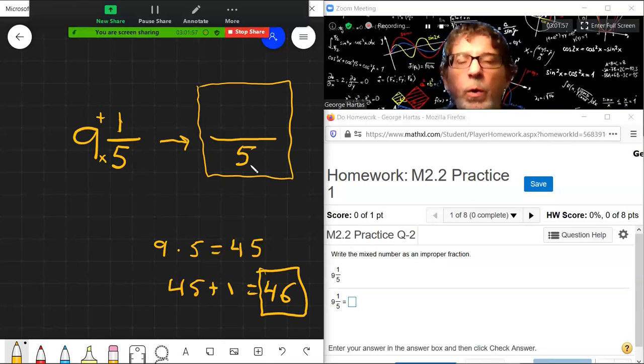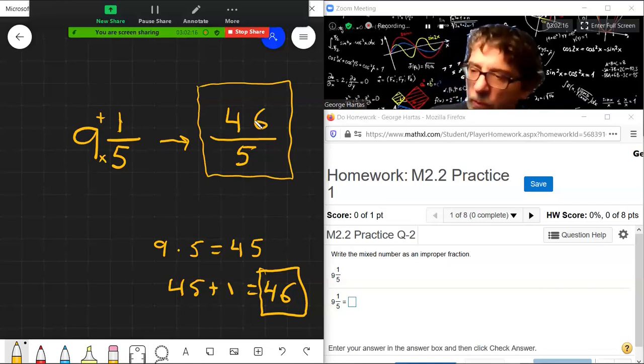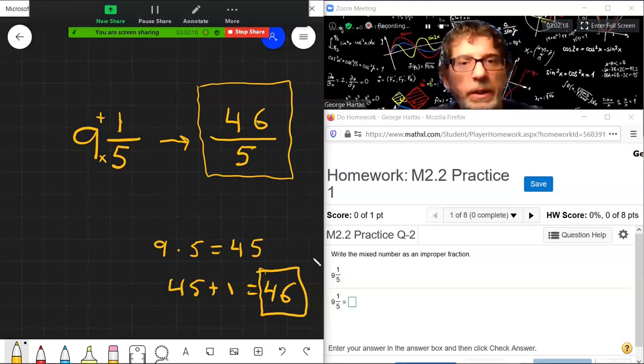That way I know I'm done with this part. All I have to do is find out what the numerator is. And it's the same procedure, of course. 9 times 5 is 45, plus 1 is 46. That way you'll know which number goes where. All right, so there it is. 46 over 5. Let's put it in there and see what happens.